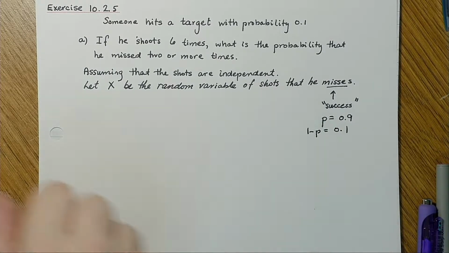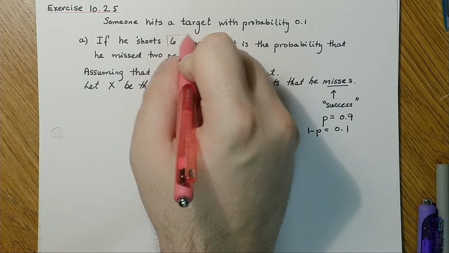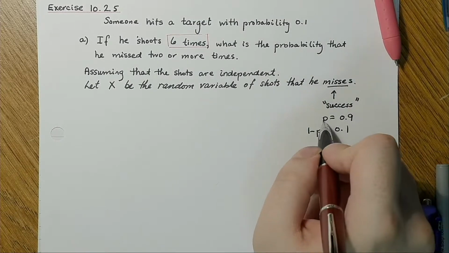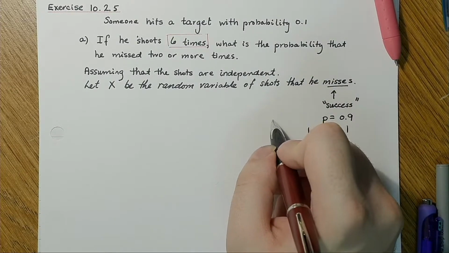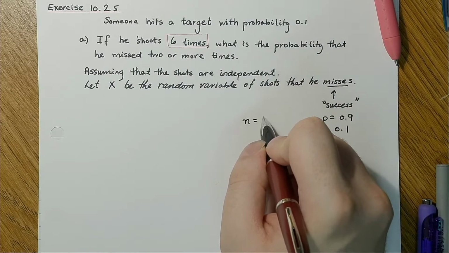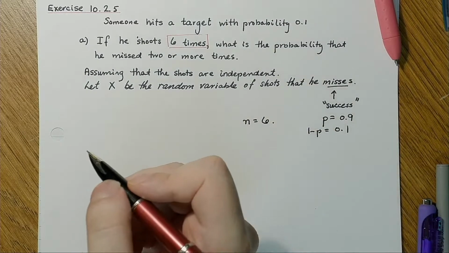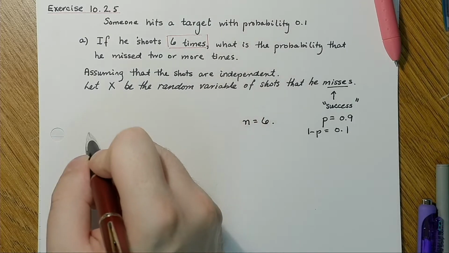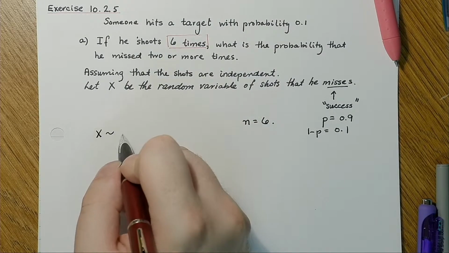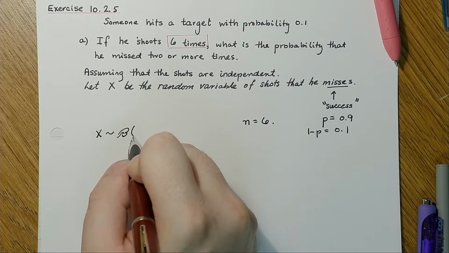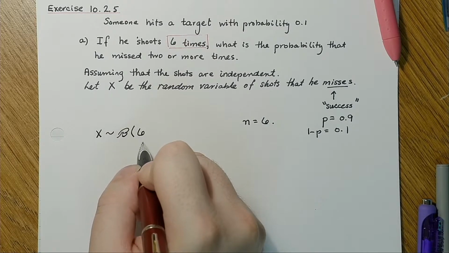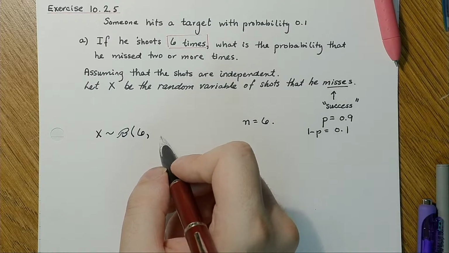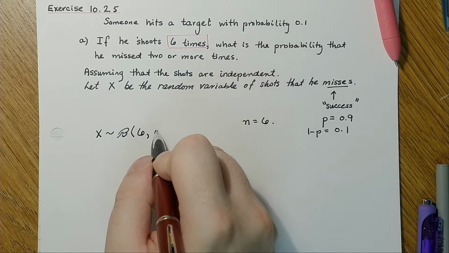And the other thing that we have here is 6 times, so there's my p, and I know that n equals 6. So let x be a random variable that follows a binomial distribution with 6 trials, and the probability of success, or that he misses, is 0.9.